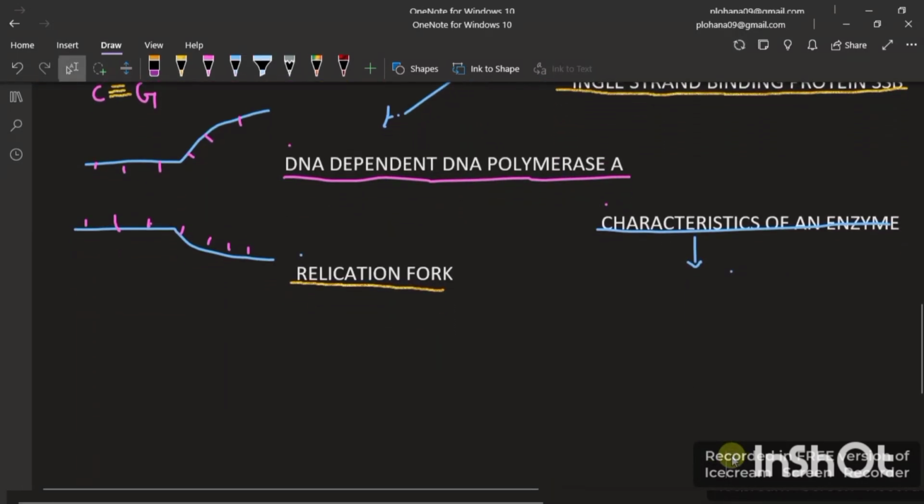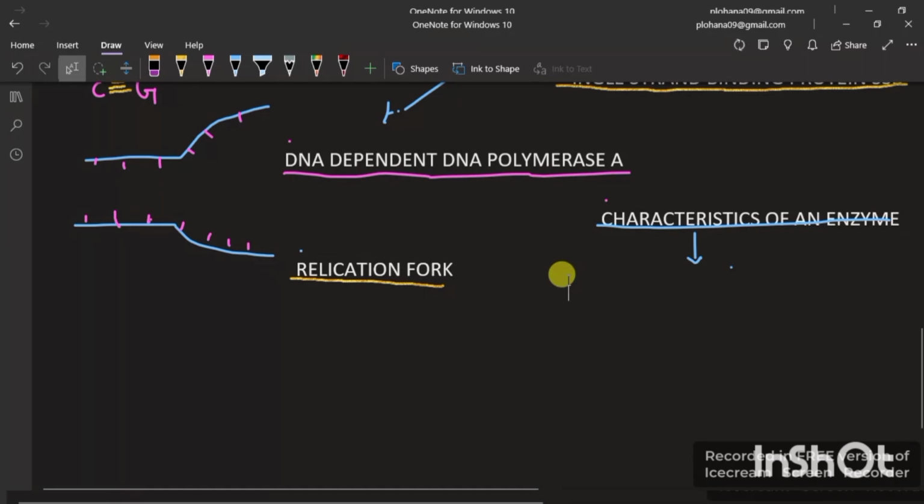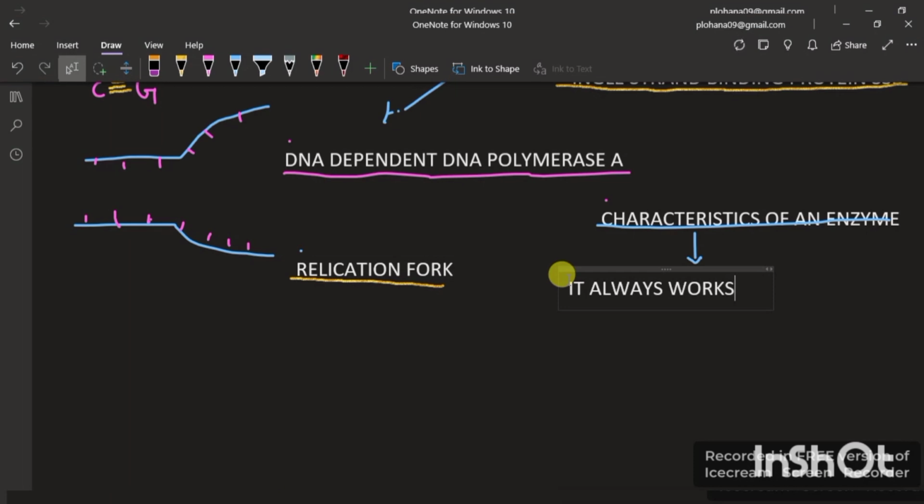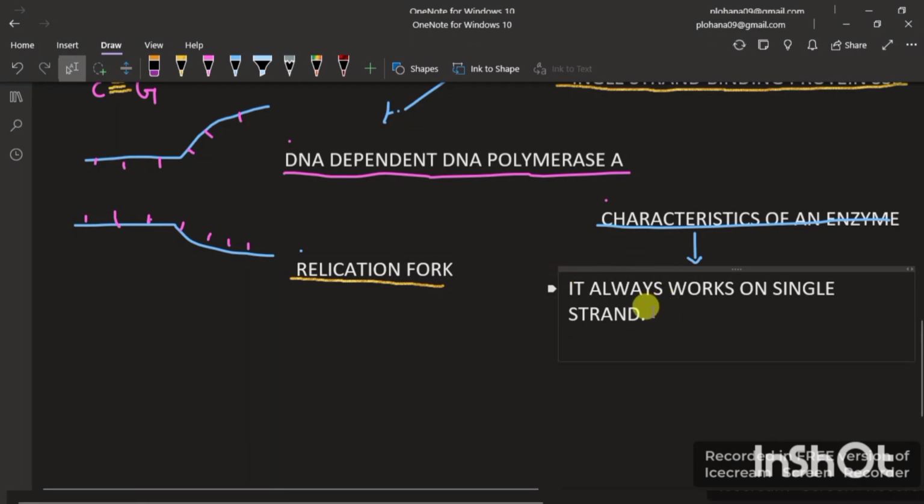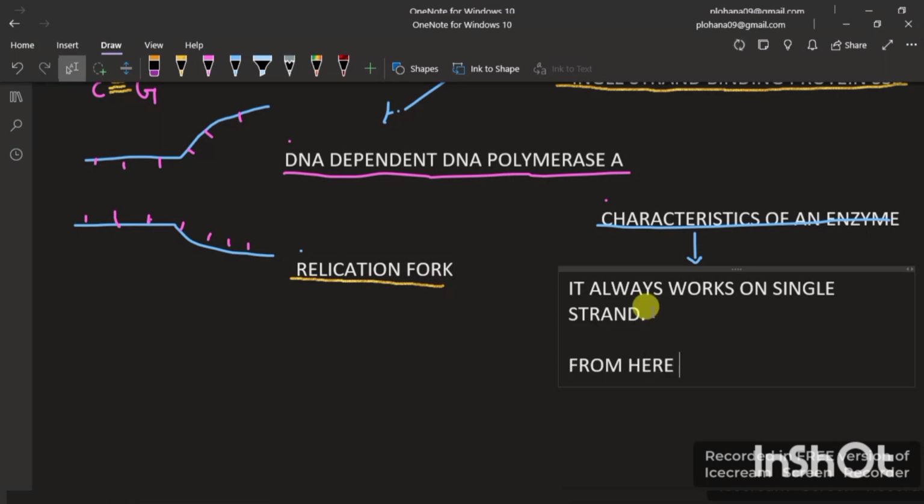Let me scroll down. So the first characteristic we do have of this enzyme is it always works on single strand. The second characteristic of this enzyme is that from where it starts, it always works on double strand.